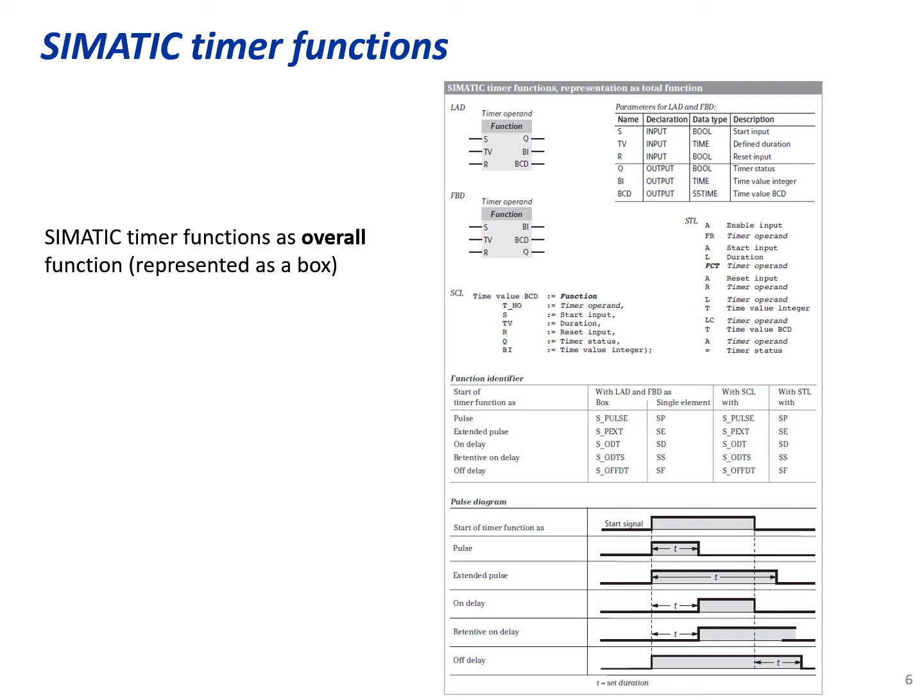Basically they have also some variables, but variables are almost the same between them. For example, S and R and Q and BCD and BI, they are almost the same between different types of languages. You are so far mostly familiar with the ladder programming language, but as we go forward, you might use other types of languages as well.